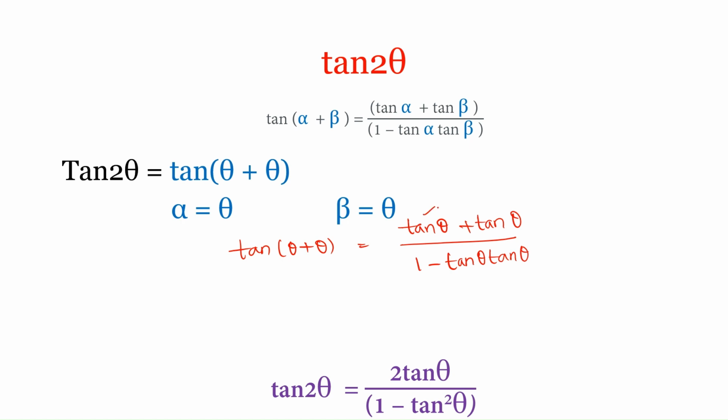In the numerator, these two are similar terms, so we can write 2 times tan theta, whole divided by 1 minus, these two are similar, so it's a product, like tan square theta. So tan 2 theta is 2 tan theta divided by 1 minus tan square theta. This is by using the formula of tan alpha plus beta.